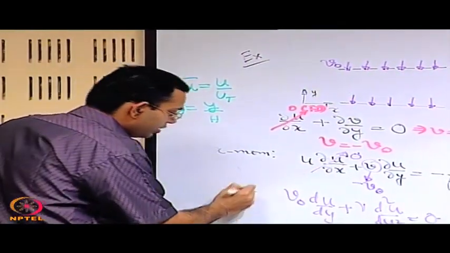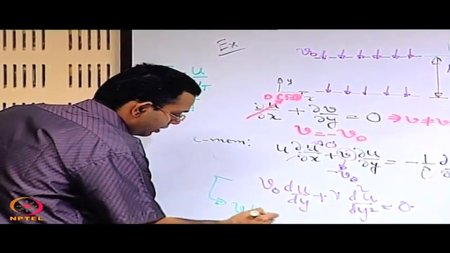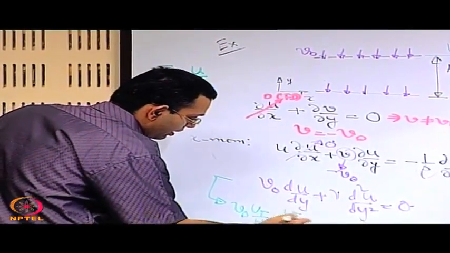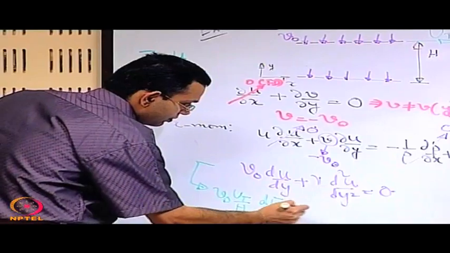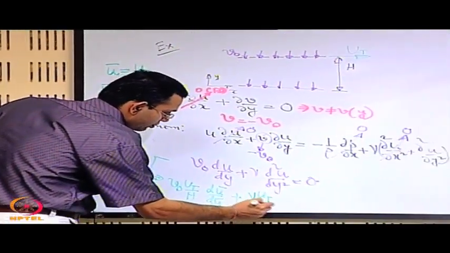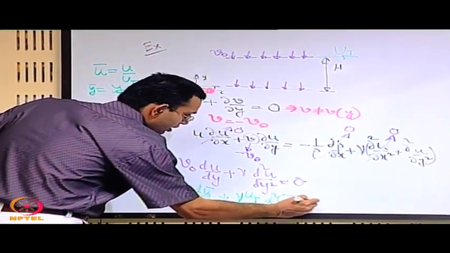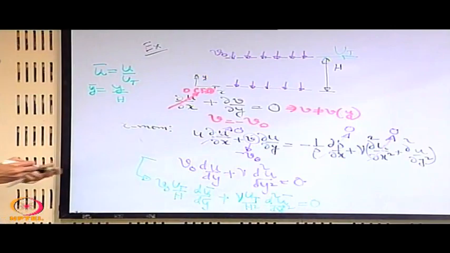So this governing equation will become V0 u top plate by h du/dy plus nu u top plate by h square d2u/dy2, all non-dimensional, equal to 0.